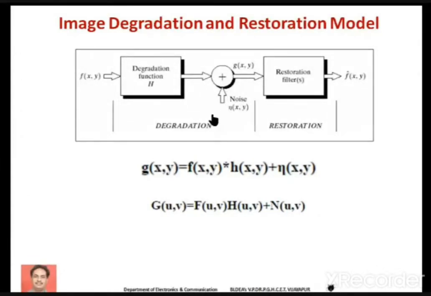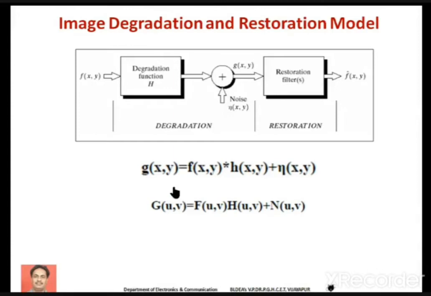So remember, this output g of xy can be written as f of xy, which is the original image, the scene which we want to capture, convolved with some degradation function h of xy plus some additive noise eta of xy.